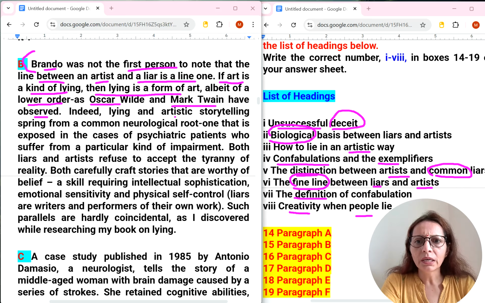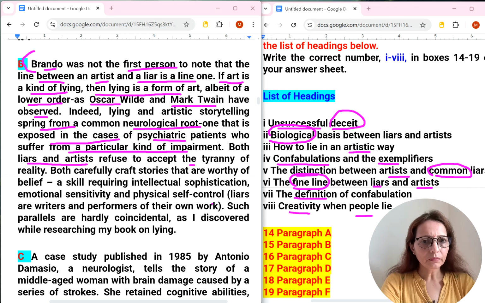Indeed, lying and artistic storytelling spring from a common neurological root that is exposed in the cases of psychiatric patients who suffer from a particular kind of impairment. Neurological is related to the biological science word. Both liars and artists refuse to accept the biological basis between liars and artists.